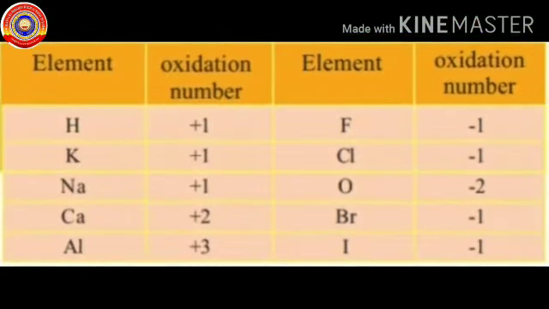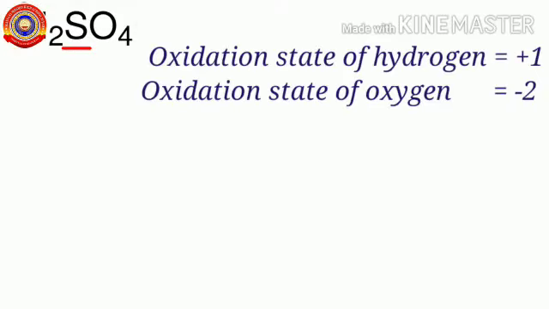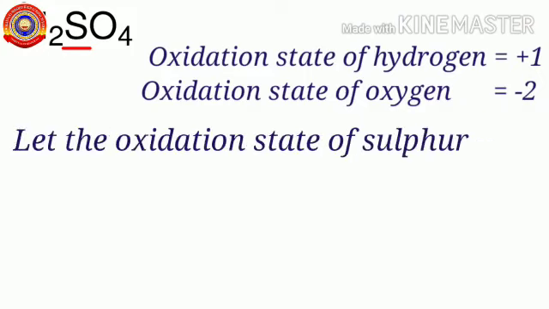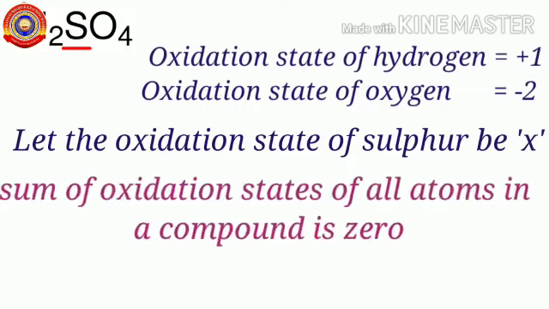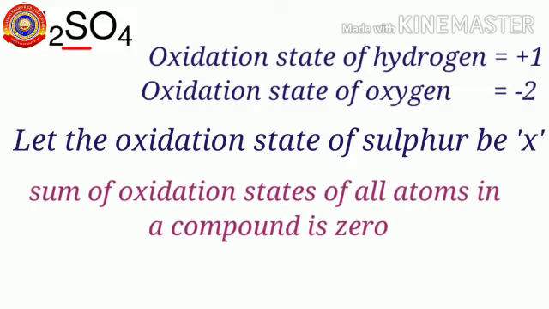From this table, we know the oxidation state of hydrogen and oxygen. Let's write the oxidation state of hydrogen as +1 and that of oxygen as -2. Consider the oxidation state of sulfur to be X. We know the sum of oxidation states of all atoms in a compound is 0.